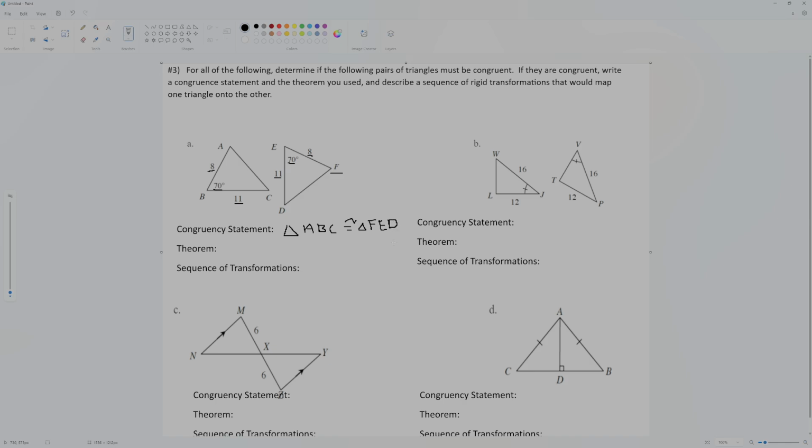If you name it any other way, it is incorrect. The theorem that's used would be side, angle, side. And then the series of transformations that would be used would be a rotation, and then a translation.